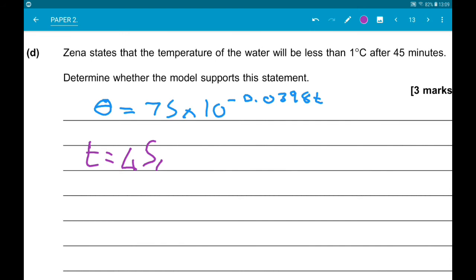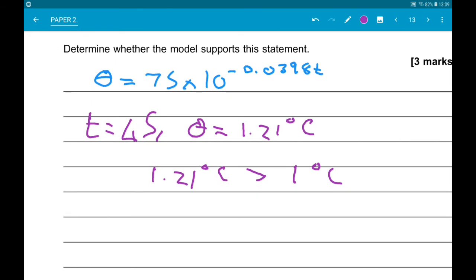We should get theta is 1.21, which is not less than 1 degree. So, the model does not support the statement.